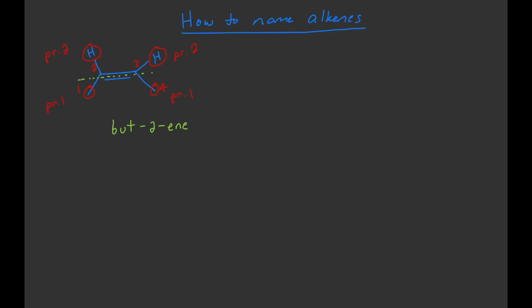Okay, with both priority 1s being on the bottom of the alkene, so the bottom of this line that we have drawn, we say that the 2 higher priority groups are on the same side of the alkene. So when our priority groups are on the same side of the alkene, we'll call them cis. And if we were to have the higher priority groups on the opposite sides of the alkene, that would be called trans.